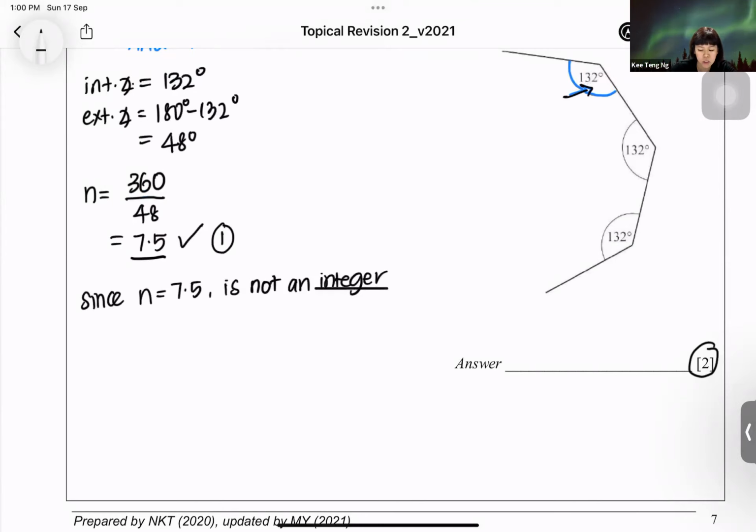You all know what's an integer? Means a whole number. If you're not very sure, you can also write it's not a whole number. Since n equals 7.5 is not an integer, therefore, can we have such a regular polygon? No, it is not a regular polygon.